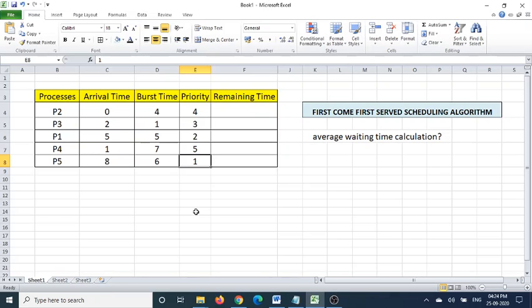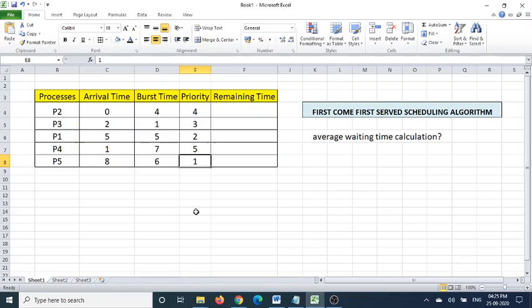Arrival time based scheduling is first come, first served. Whichever process comes first into the ready queue will be given the CPU. If 2 or 3 processes come into the ready queue at the same time, we can use some other parameter to break the tie.